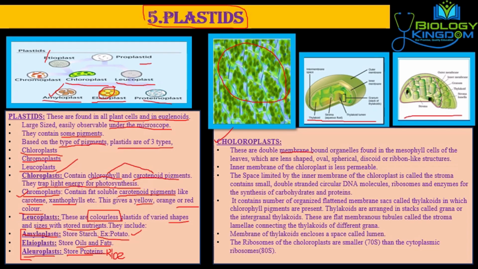It is a double membrane cell organelle found in mesophyll cells, in various shapes like oval, spherical, discoid and ribbon-like.